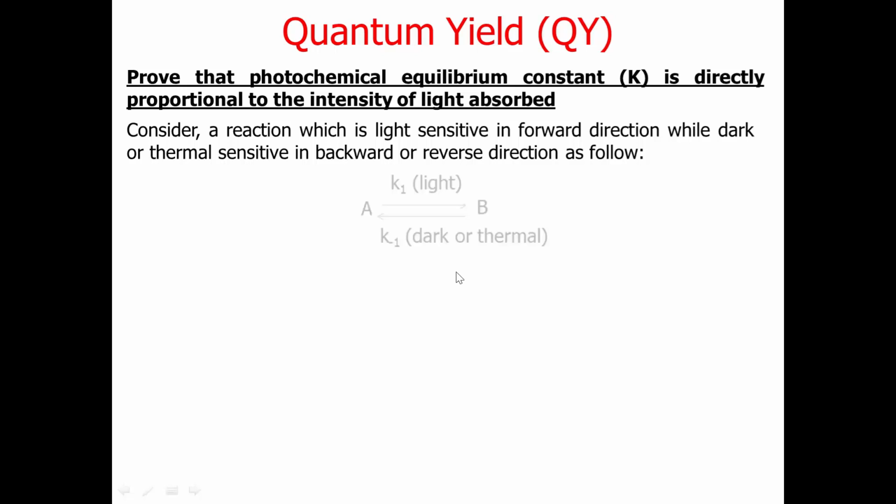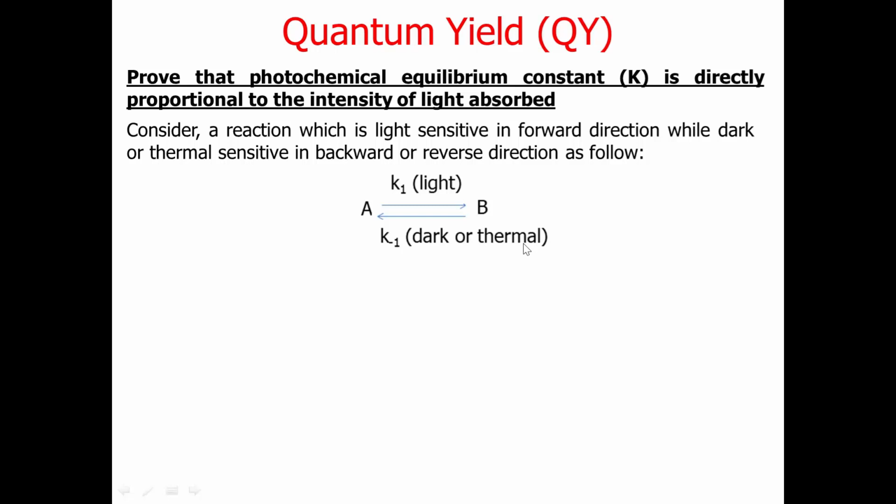The reaction can be written as A going to B in the forward direction, which is light sensitive, with rate constant K1. Whereas in the backward reaction from product B to reactant A, since it is an equilibrium reaction, it can take place in dark or thermal conditions.